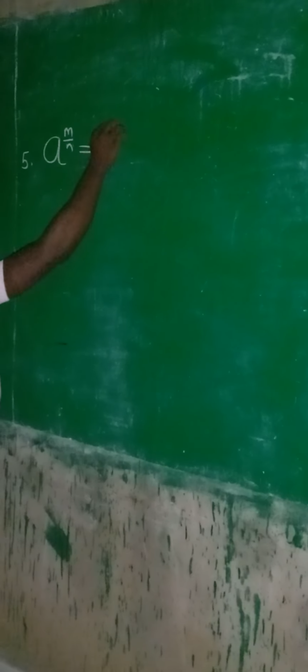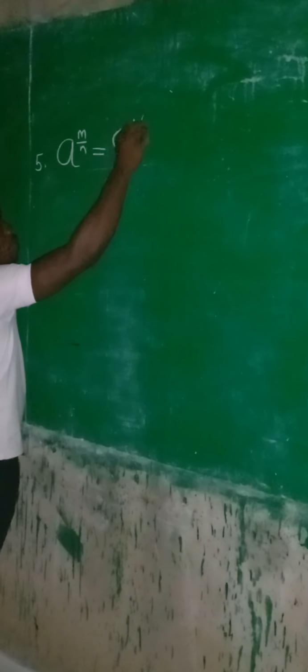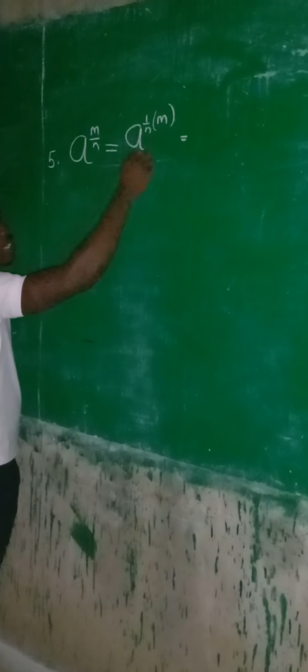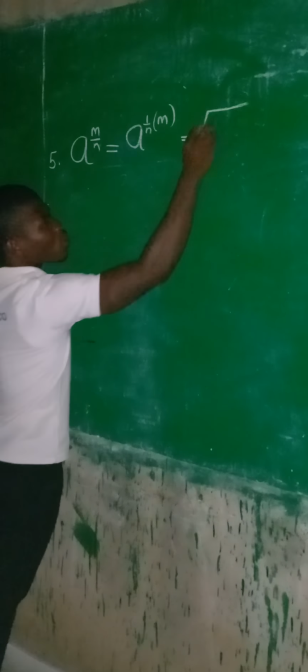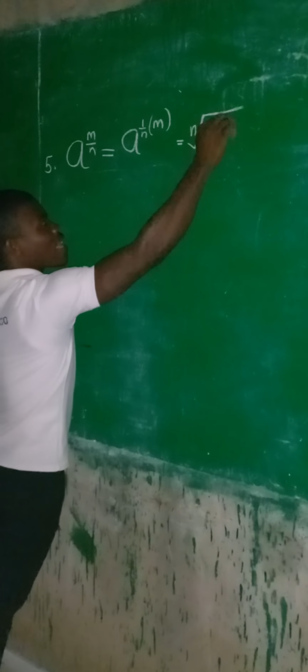That is, we have 1 over n times m. We can express it like this, which is the same as the nth root of a^m. This is what you are going to get. It tells you that this is a root of a. So you write it in this form.